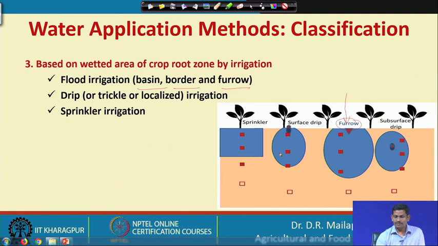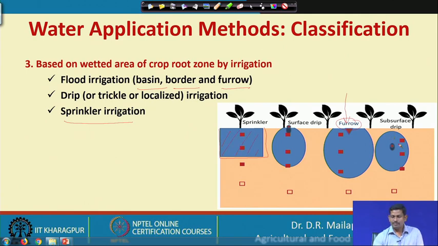That is also going to make a perfect elliptical shape. And sprinkler irrigation, since you are applying throughout the surface, just like rainfall, forms a rectangular wetting front pattern.